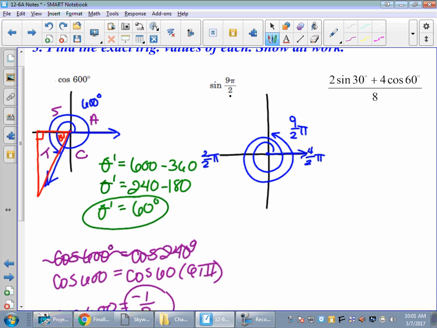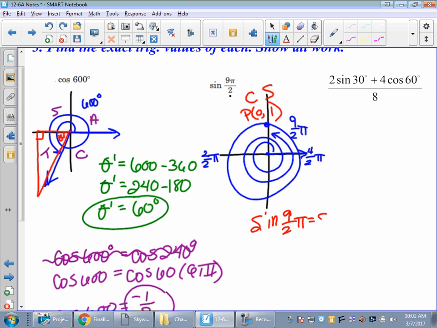9/2 pi is going to be the same thing as 90 degrees. So if you make a unit circle, and draw that this point right here is at (0, 1). For 90 degrees, since I'm looking at sine, I have it right here. There's your sine, there's your cosine. The sine of 9/2 pi is the same thing as the sine of pi over 2.